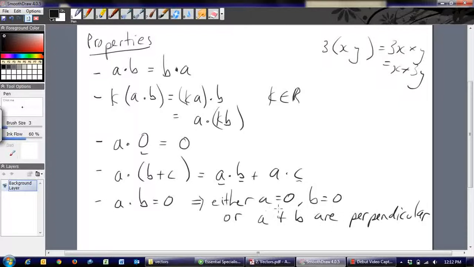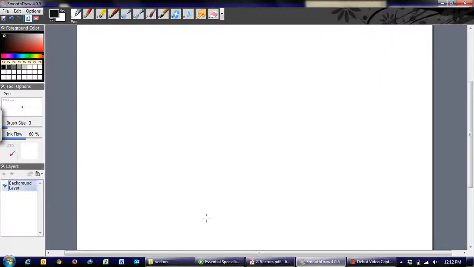And if the cosine of theta is equal to 0, that implies that theta is equal to 90 degrees. So this is the most important result here, that A and B are perpendicular if A dot B is equal to 0. This means this generally, because usually we don't have A or B equal to 0. So that is a really important result in proofs and such. So really important one to remember.